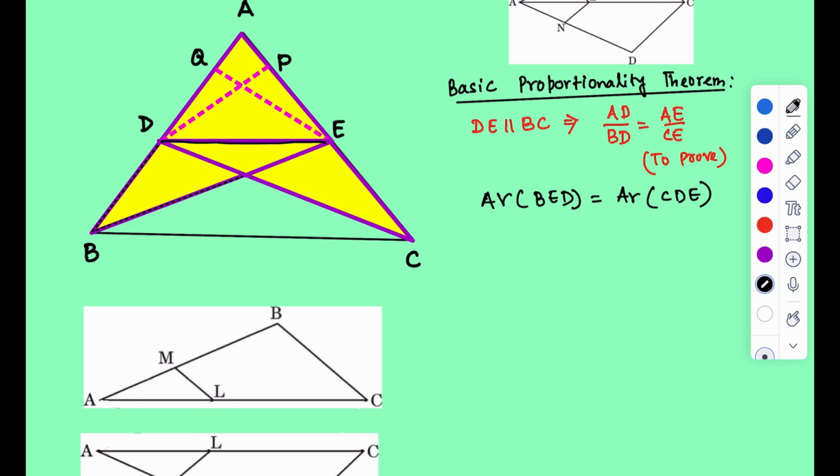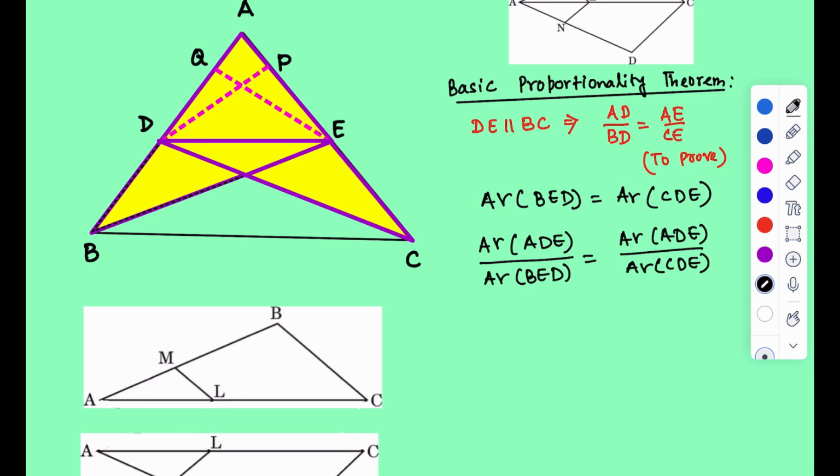They will have the same base, so the area will be the same. Now we can write area of ADE by area of BDE is the same as area of ADE divided by area of CDE. We can write that because the area of BDE is equal to the area of CDE and ADE in the numerator is the same, so this is a valid equation.